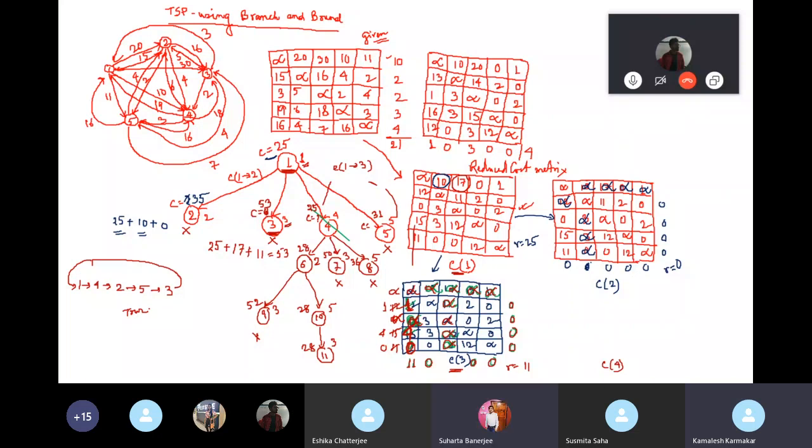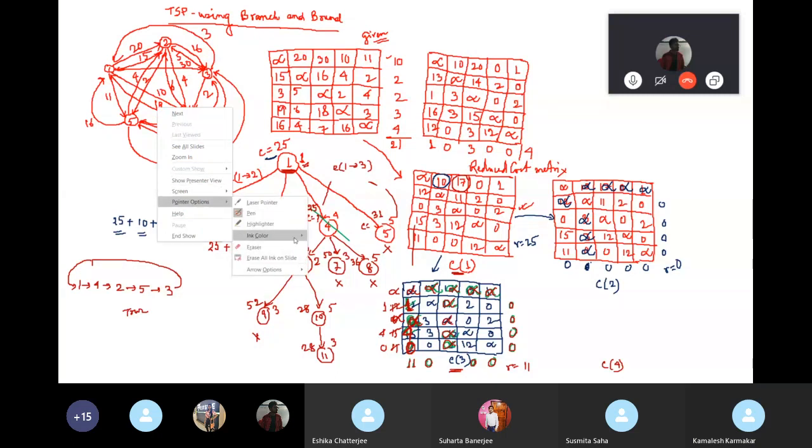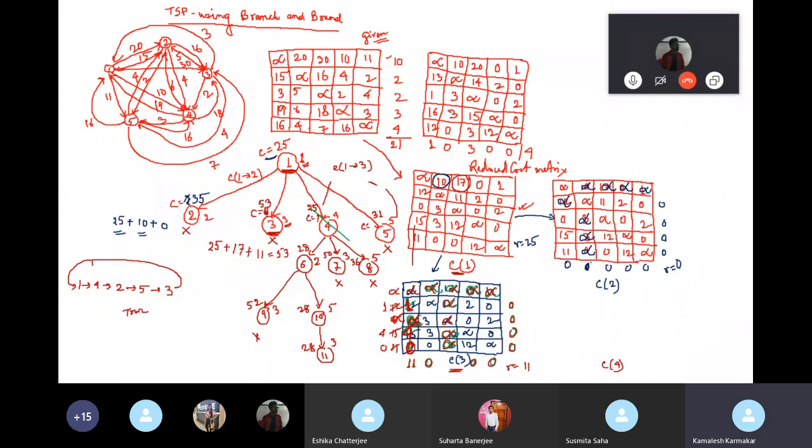Now you can check it from this given graph. Let us check. If you start from vertex 1, the next vertex is 4. So for edge 1 to 4, what is the distance of this edge?